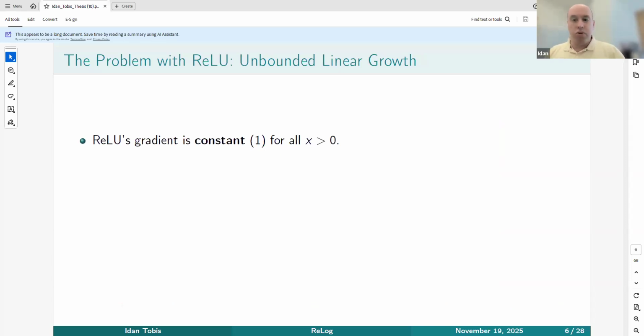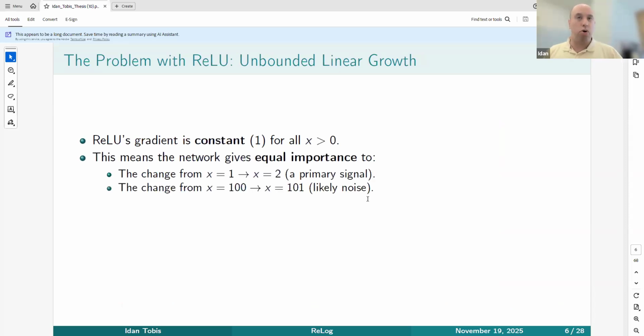So this brings us to the main problem with ReLU, and that would be its unbounded linear growth. ReLU's gradient is constant for all positive x, and of course it's 0 for negative x. This means that the network gives equal importance to small changes regardless of the original output.